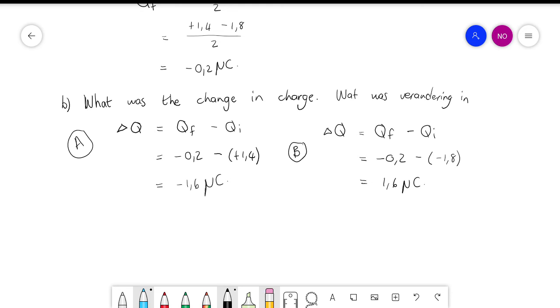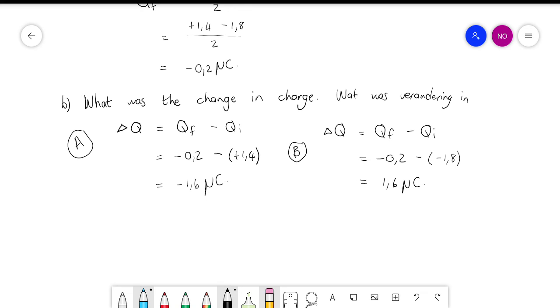Why is that? Why is the number the same? Because in this action where they touch one another, there is a transfer of charge. But if this bolletjie loses 1,6, where does it go? To this bolletjie, né? So those two values have to be the same.